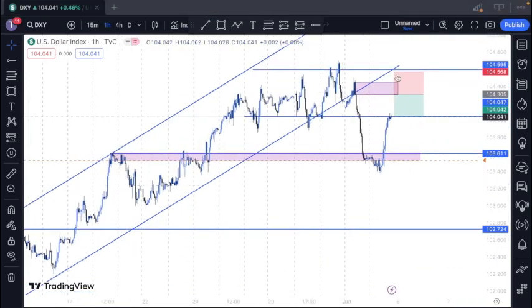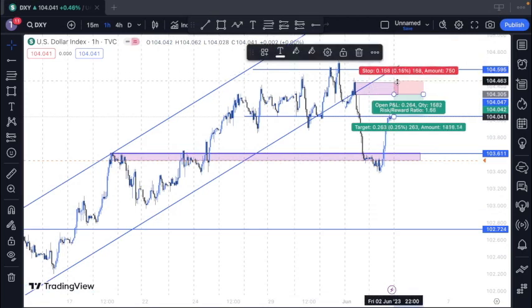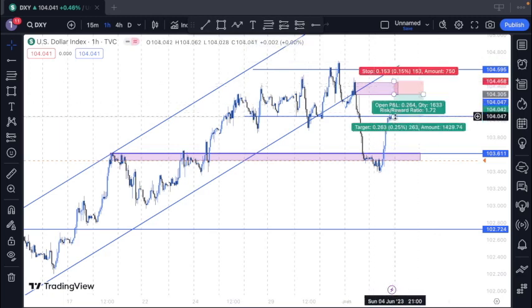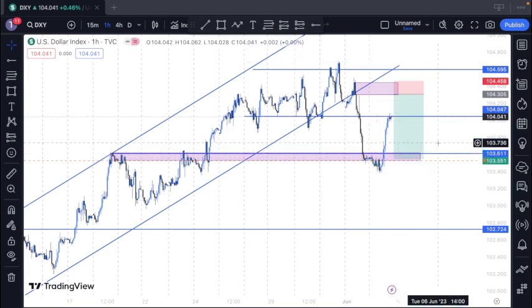All right, you ought to put your entry right here, a little bit above your resistance, and then make sure you are targeting your first take profit right here again. Without further waste of time, I'll move into another pair. This is what I have on the dollar index for me.